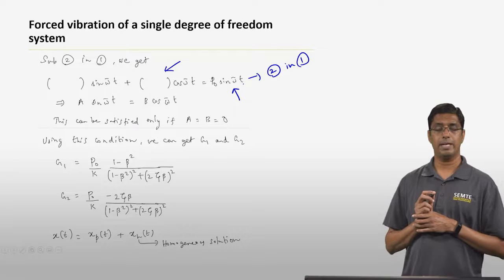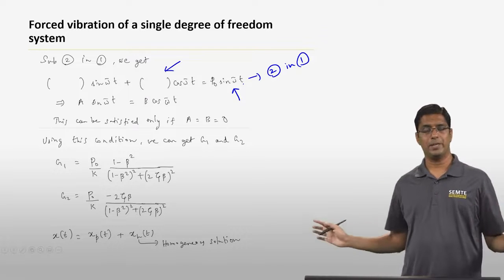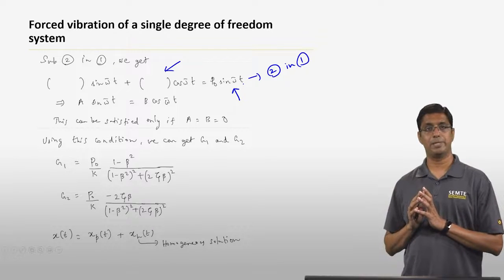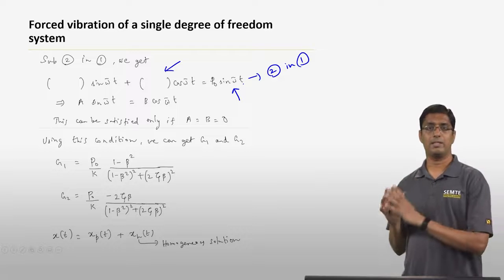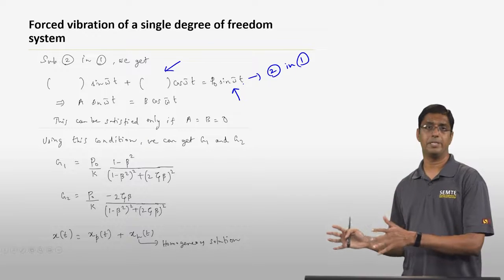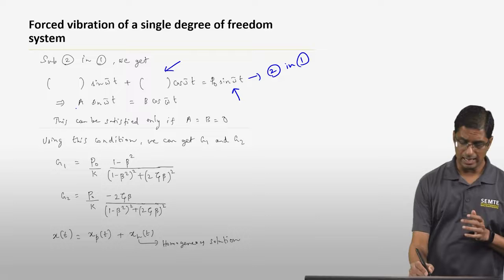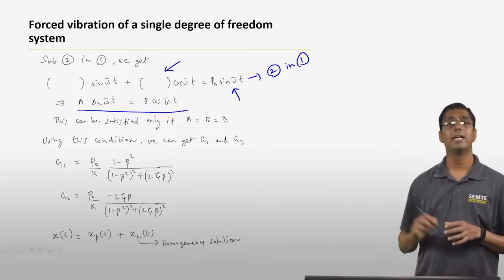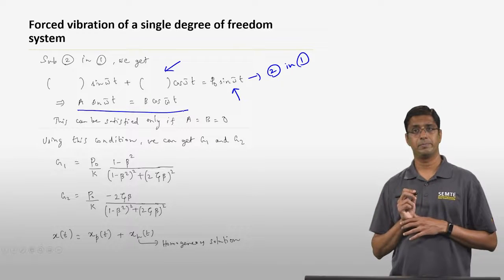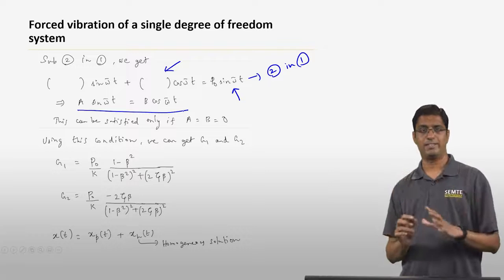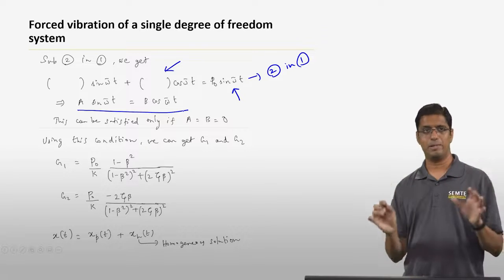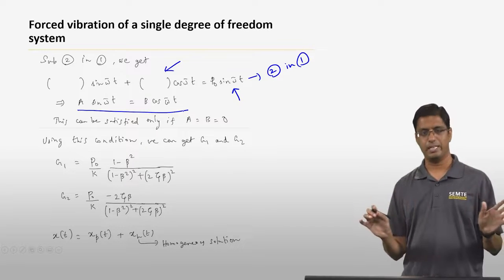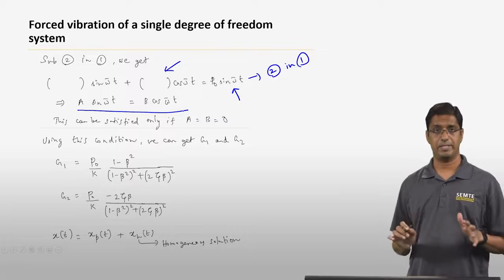Now you can combine all the sine omega bar t terms into one term and all the cos omega bar t terms into another, and write it as a sine omega bar t plus b cos omega bar t. If you are really interested, you can do all the math and find out what a and b are, but that is not the purpose of this lecture.